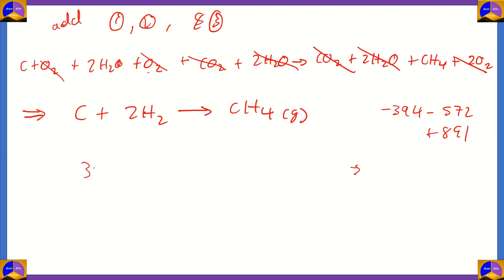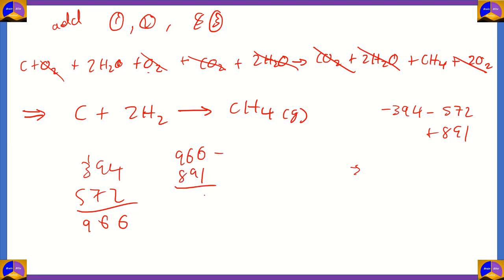So you have 394 plus 572, giving you 966, and then 966 minus 891. 6 minus 1 gives you 5, 16 minus 9 gives you 7, and 8 minus 8 gives you 0.